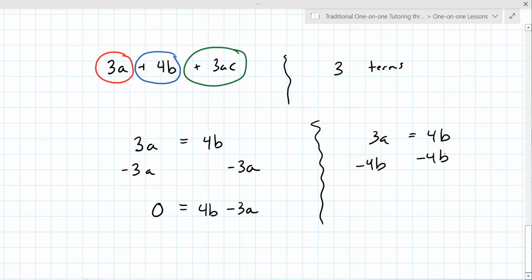You can move an entire term. You can't separate them. It's not 4, it's 4b. They're together. Literally it means 4 b's, but we write it this way. So it would be 3a minus 4b equals 0.